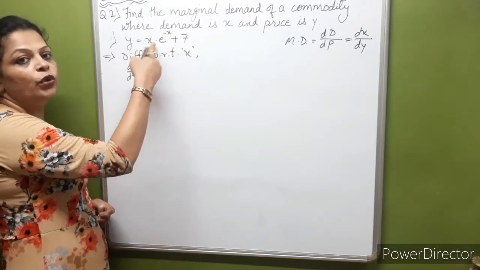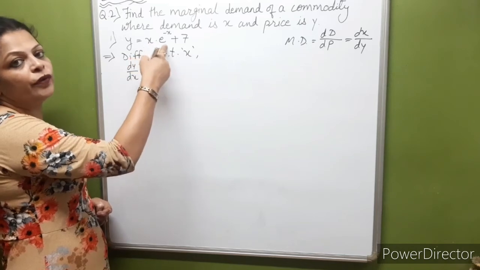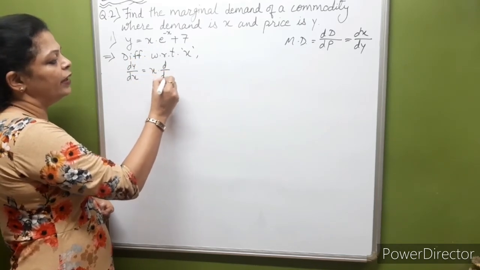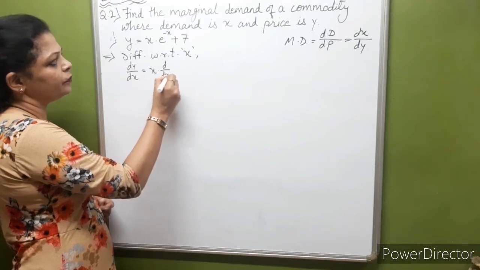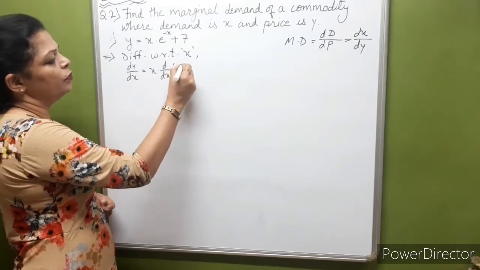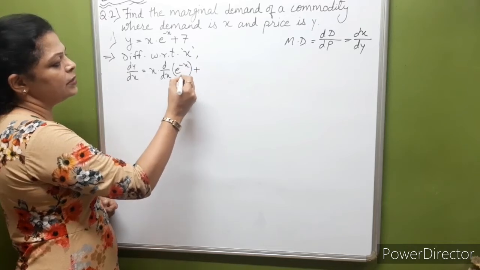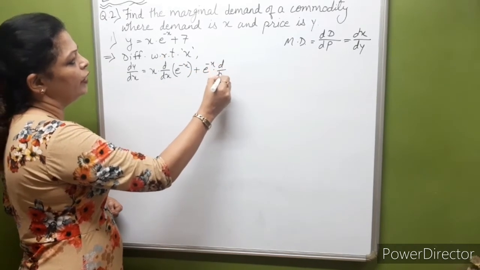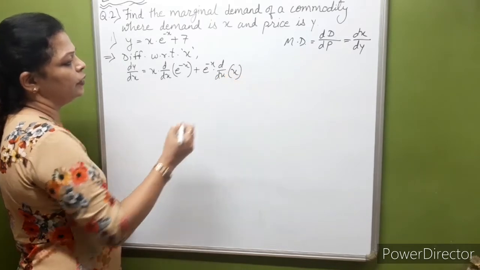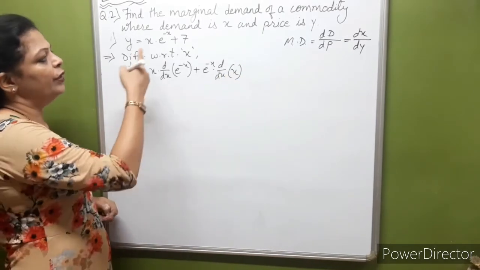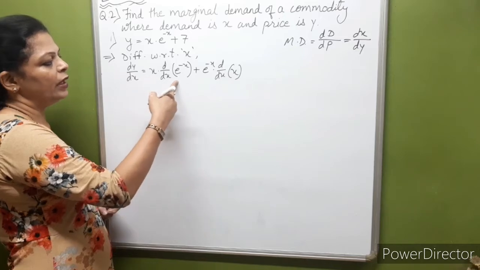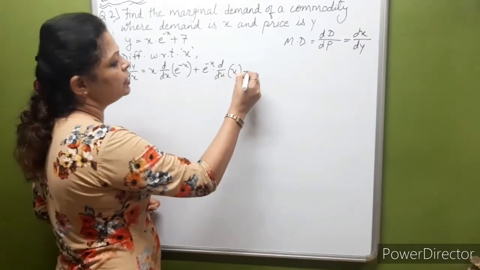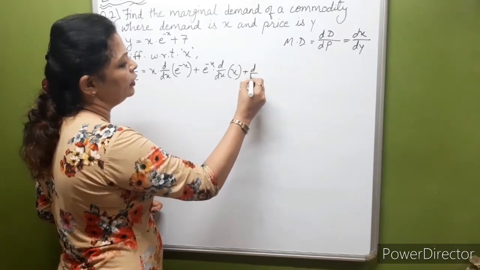That means this is your u into v formula you have to use over here. So first function as it is into derivative of second function, that is e raised to minus x, plus e raised to minus x into derivative of x. Correct? Derivative of u into v is u into derivative of v plus v into derivative of u, plus derivative of 7.